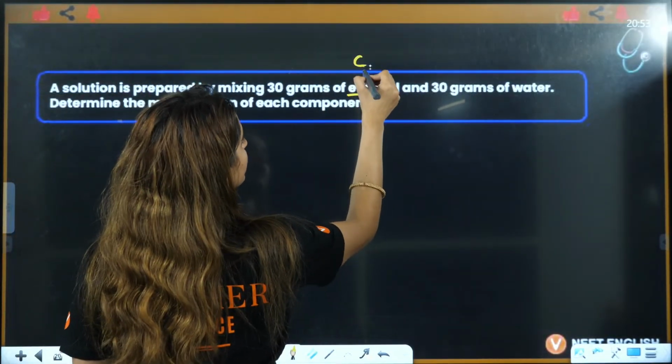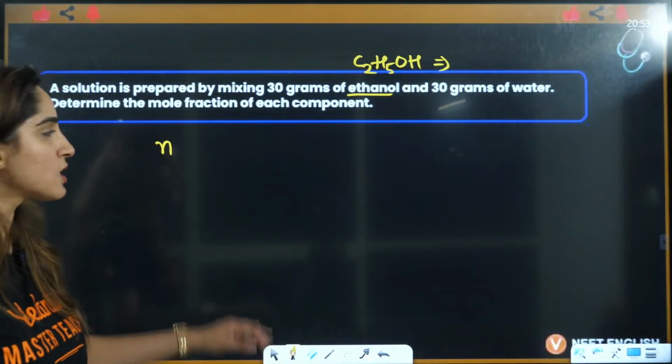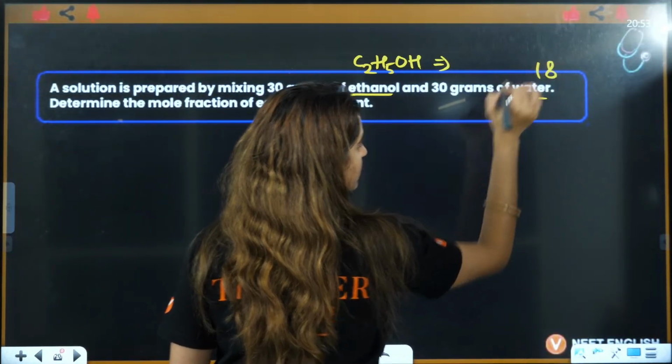Ethanol is C2H5OH. What is the molar mass of ethanol, students? What is the molar mass of ethanol and what is the molar mass of water? 18.